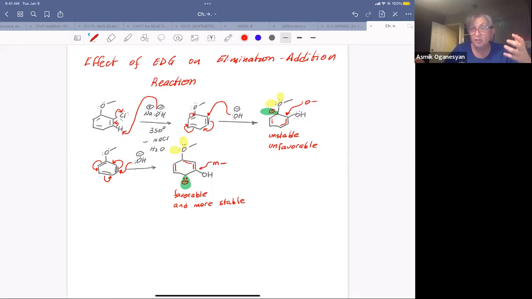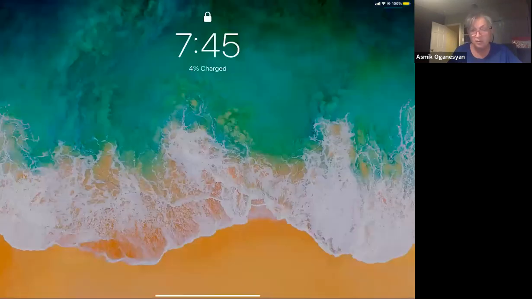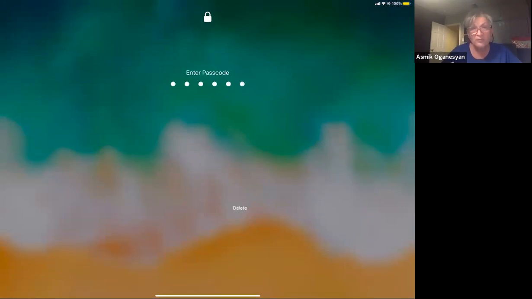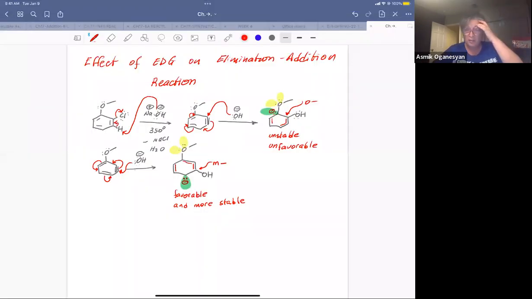Our electron donating group is pumping electron density into the ring, so it's not a good case. But ortho is horrible and meta is just tolerable, okay?